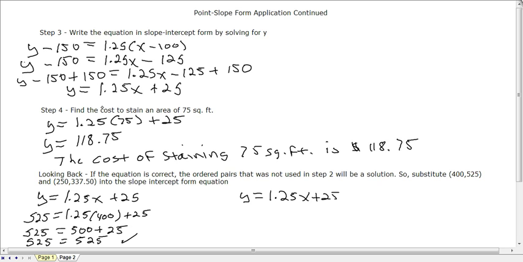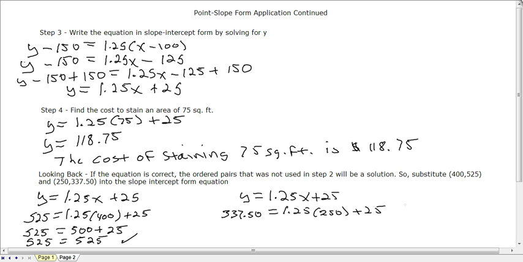Here we're going to substitute 337.50 for y, so 337.50 is equal to 1.25 times 250 plus 25.